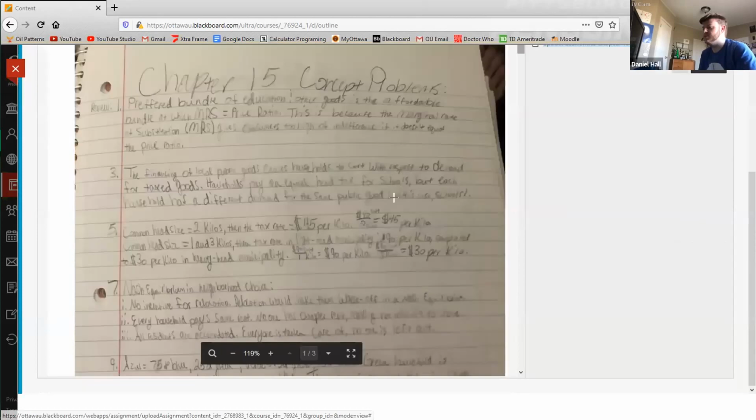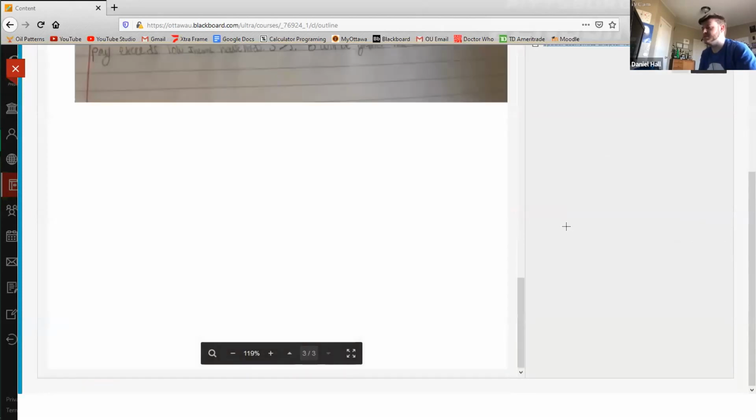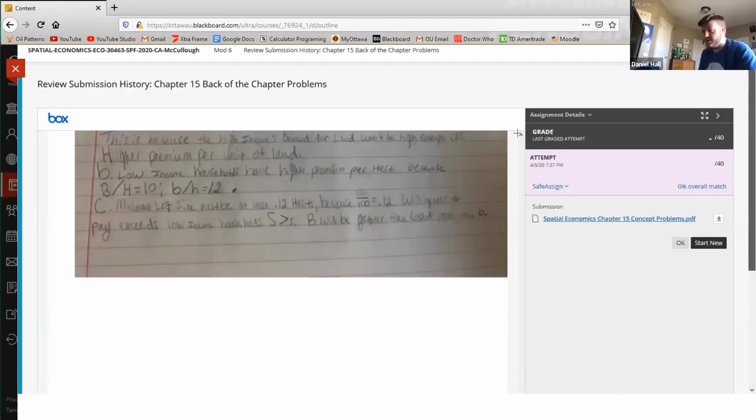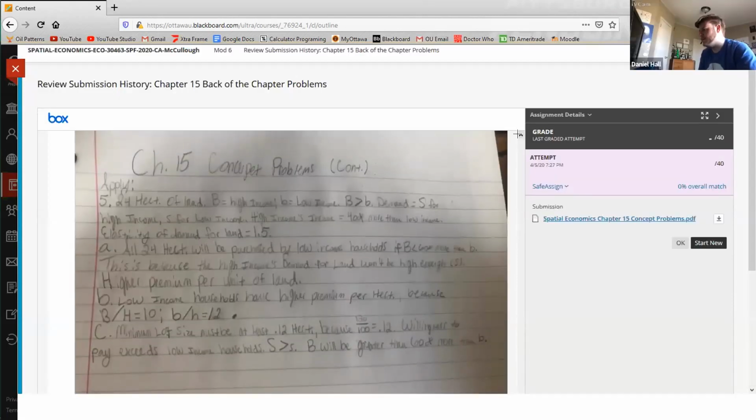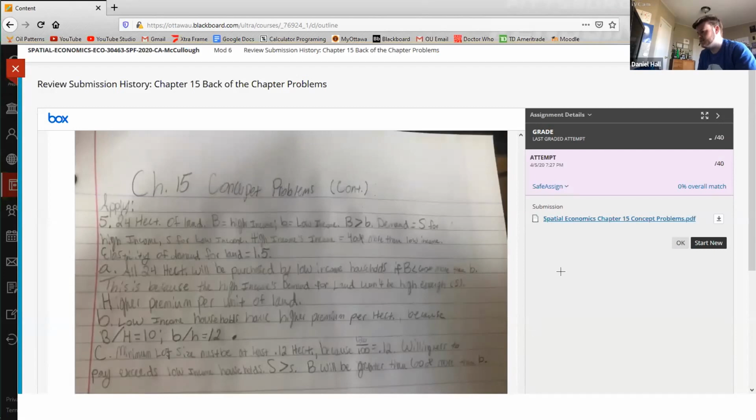So it's page 3, so let it load. All right, so this is what I had. I don't know how right it is, but for part A, I put all 24 hectares will be purchased by low-income households if B is less than 60% more.